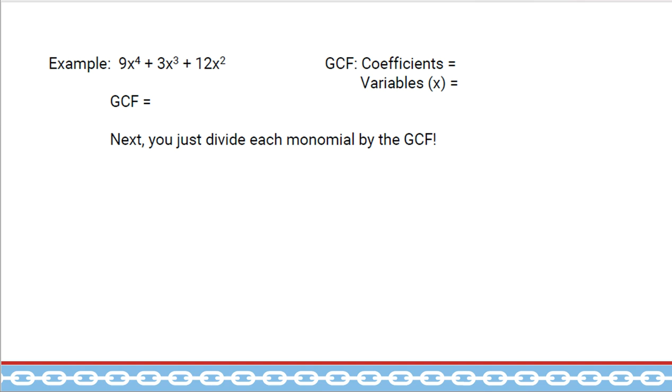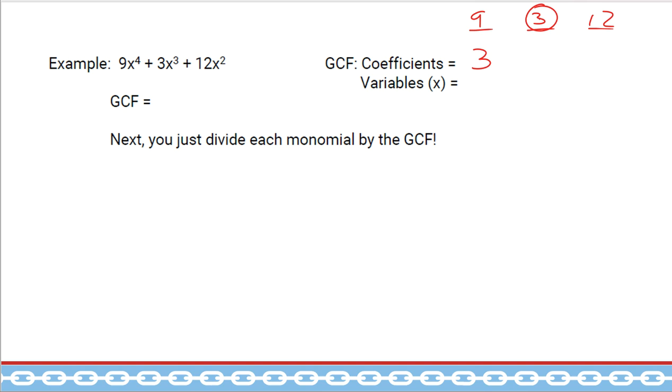Let's look at some more examples here, right? Looking at the coefficients, I have 9, 3, and 12. And so I know these are all divisible by 3. So that has to be my greatest common factor for the coefficients.